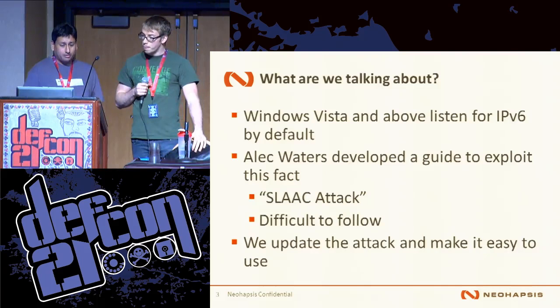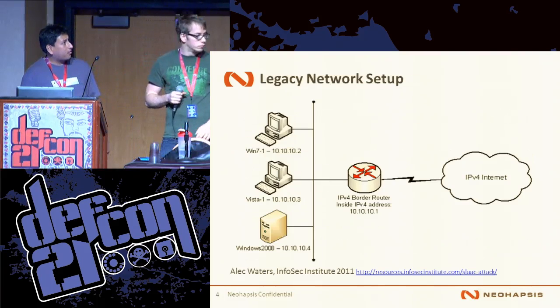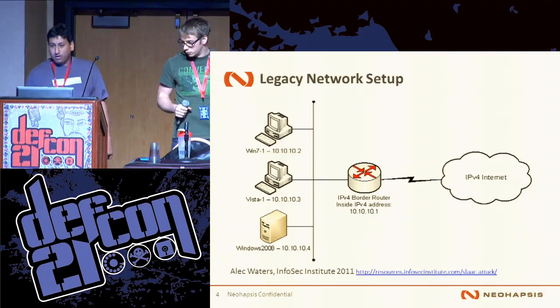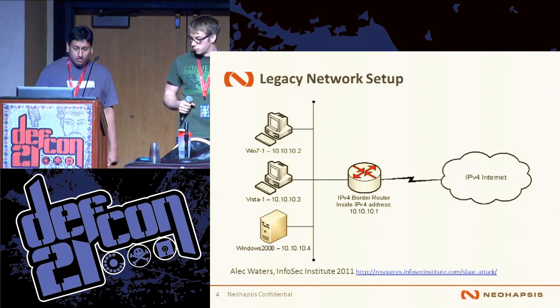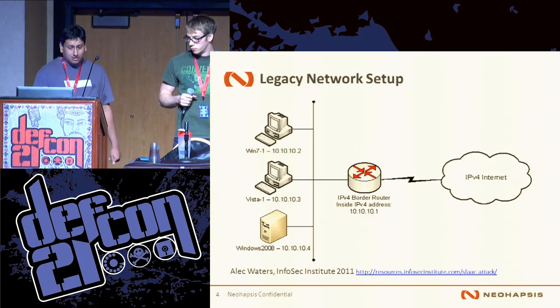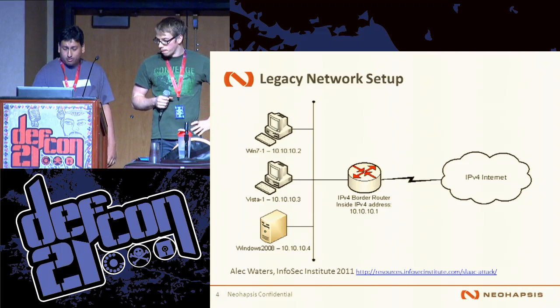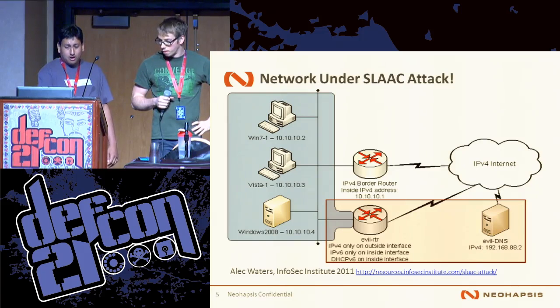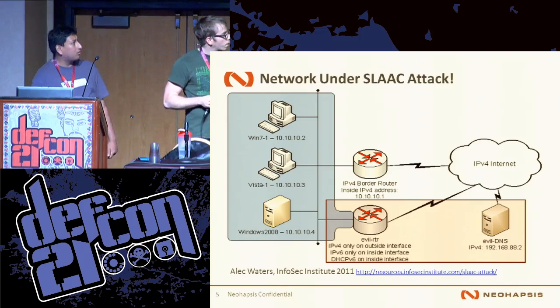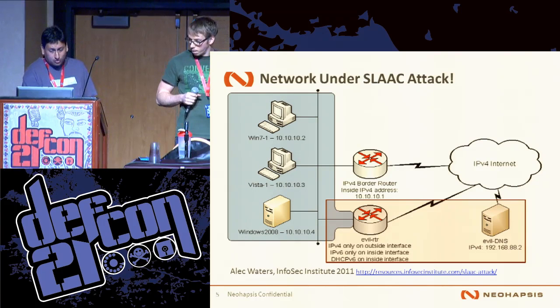Here we have our plain vanilla legacy network. There's only IP version 4 on this network. There's a router with DHCP and DNS, and there's no IPv6 anywhere. We also have some hosts here: Windows 7, Windows Vista, 2008. What Alec Waters put together was a guide to create our evil router, here in red.